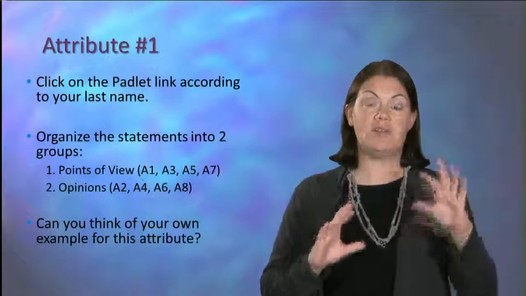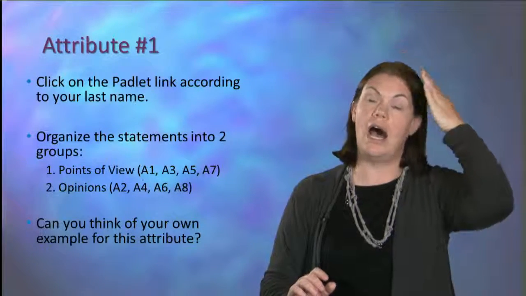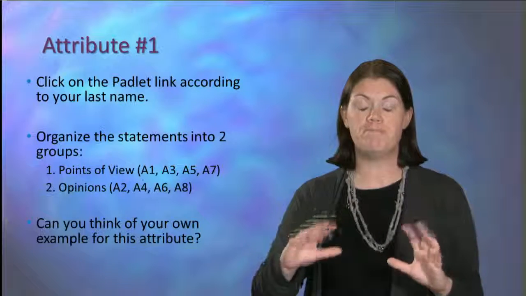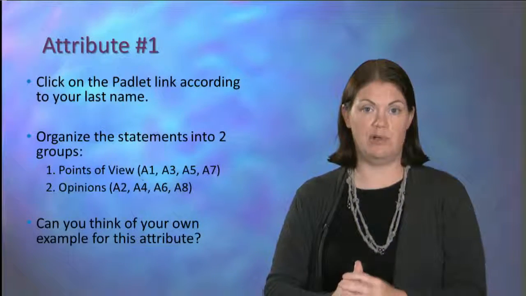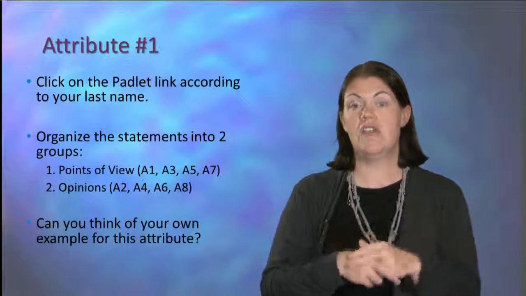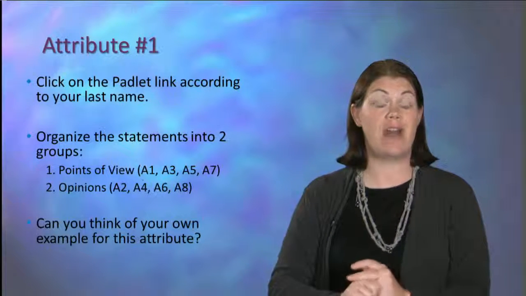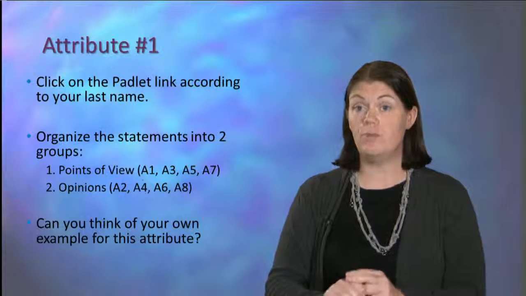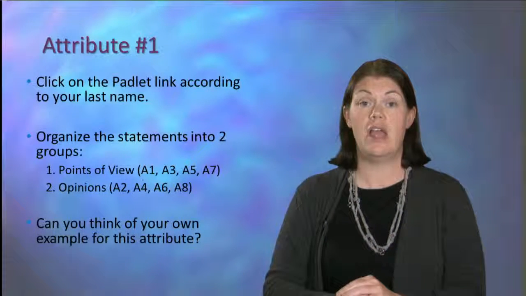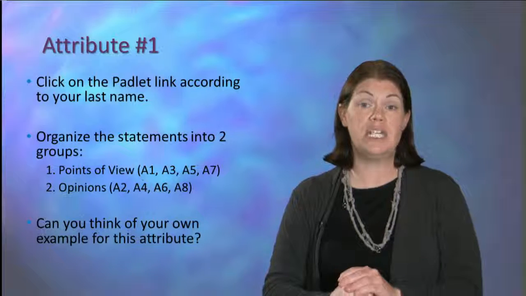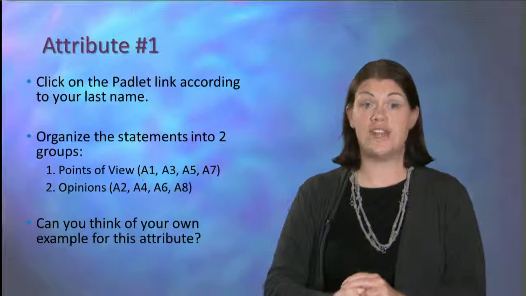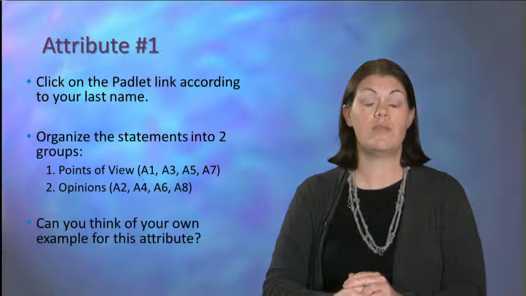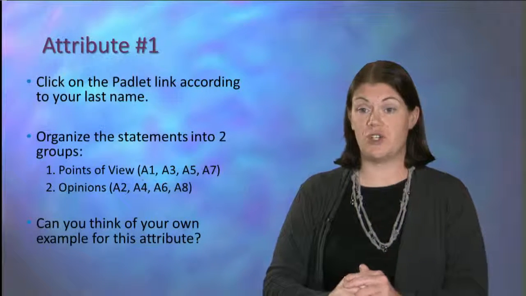In that main download that I got you to download, the first one, the point of view web, can you think of your own example? This is something personal that you can maybe make a connection to, an event in your own life that shaped your point of view because of your opinions and your own thoughts and beliefs. If you can, jot that down into that web. That would be great. So that's a specific attribute.